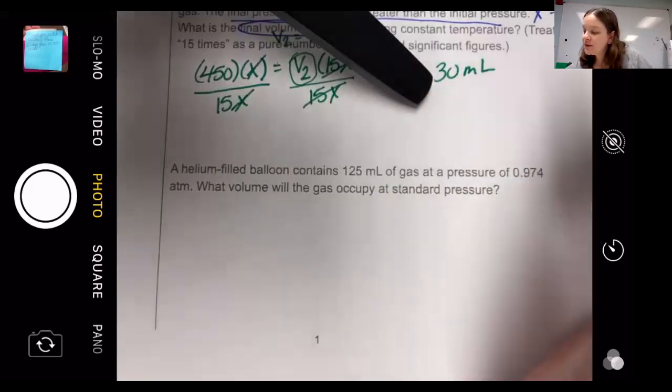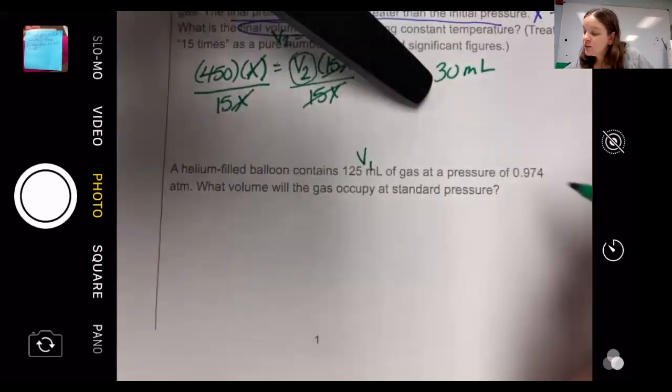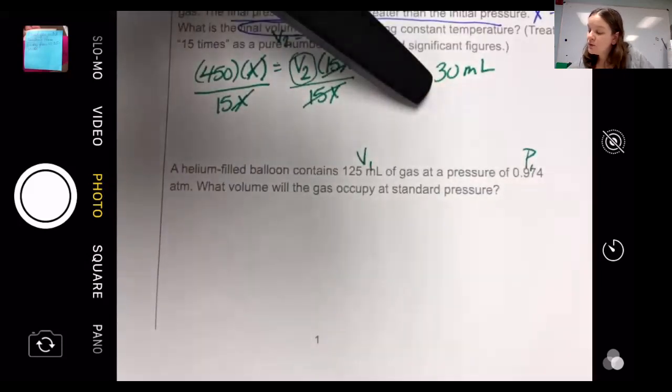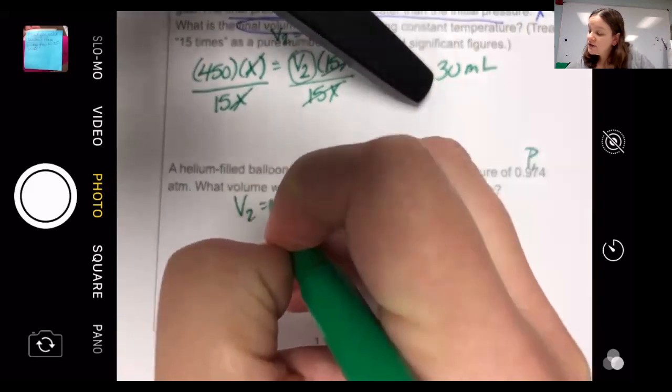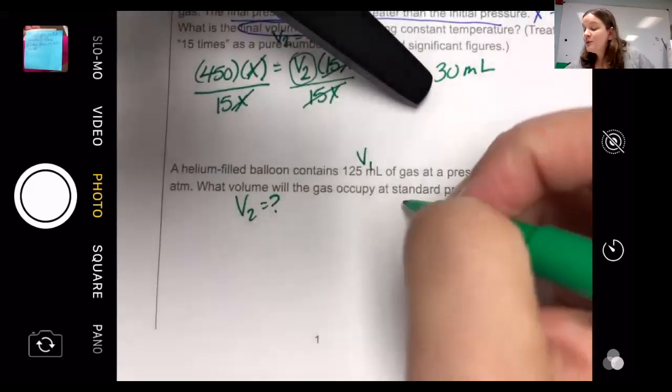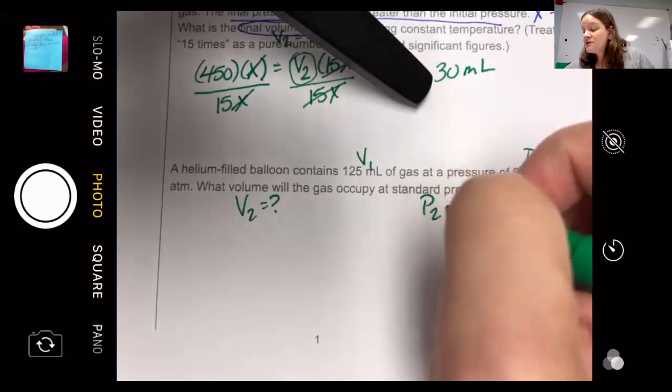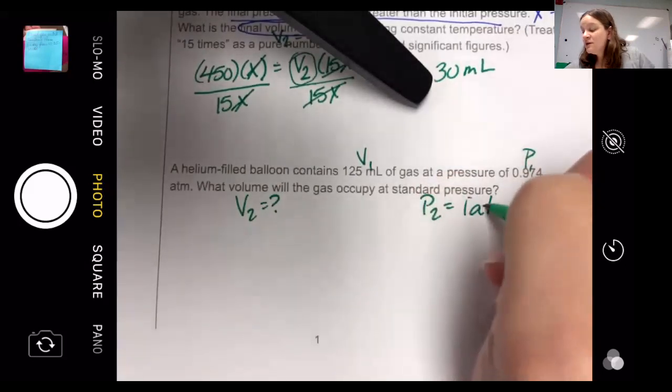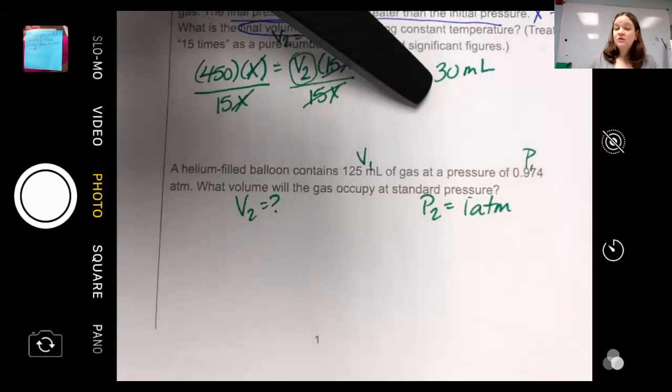So we have a helium balloon. Here's V1 at this pressure P1. We're going to find V2, what volume? Ooh, at standard pressure. So P2 is 1 atmosphere. You have to know what standard temperature and pressure are for this. So remember, standard temperature is 0 degrees Celsius.